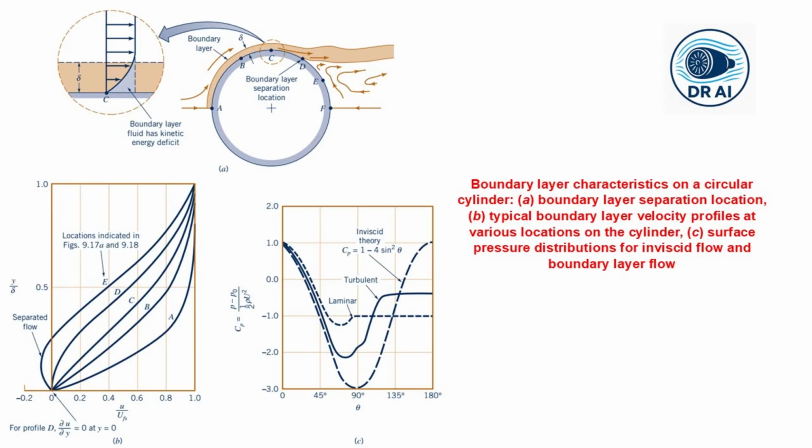Now, part C of this particular figure shows this dramatically. For a circular cylinder, the laminar boundary layer separates around 80 degrees from the stagnation point. The turbulent boundary layer, however, stays attached until around 120 degrees, much farther around the back. So this narrower wake means lower pressure drag. That is why golf balls have dimples on them.